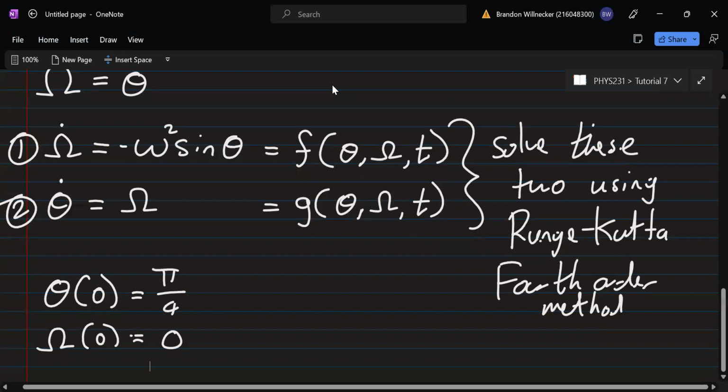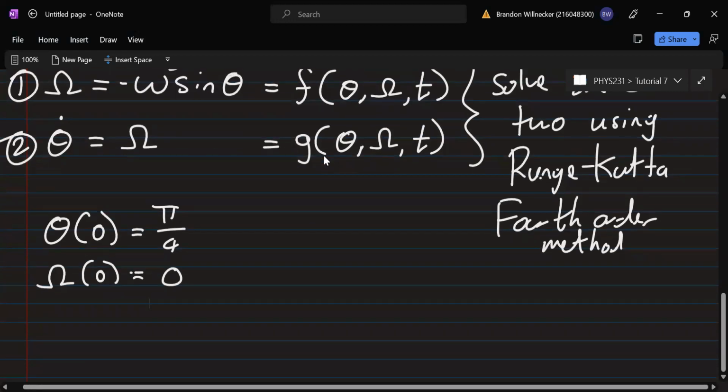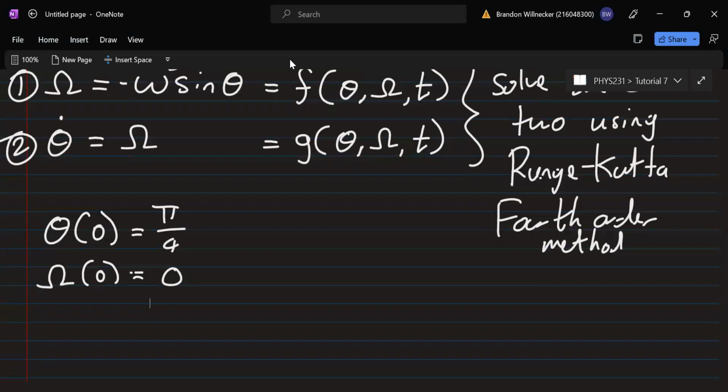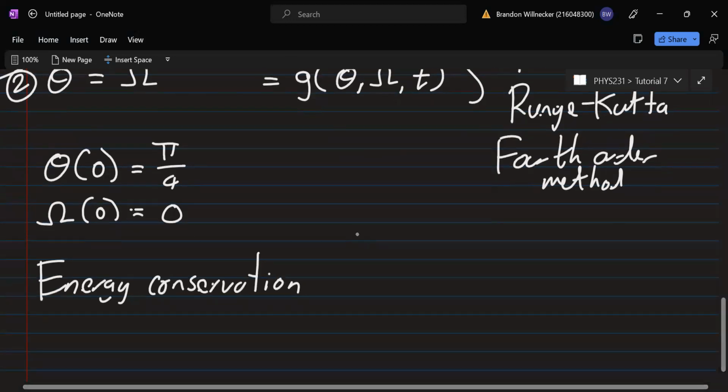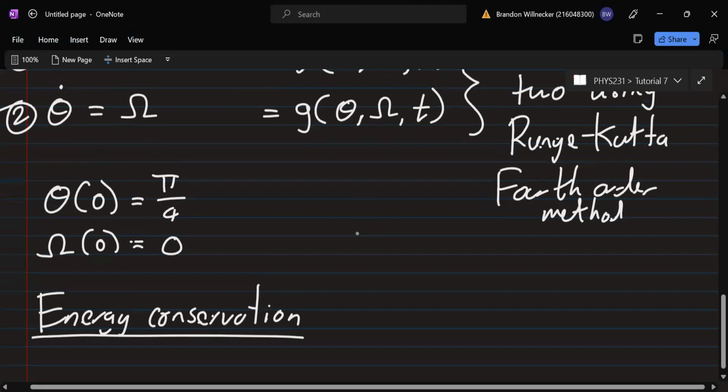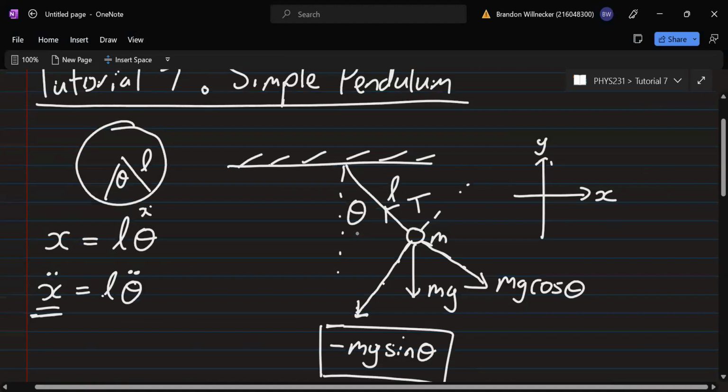Okay, then for question 3 on energy conservation, what we need to do is find the kinetic energy and the potential energy as functions of time. So how do we write the kinetic energy and the potential energy of this particular system?